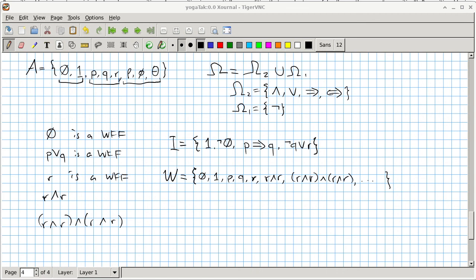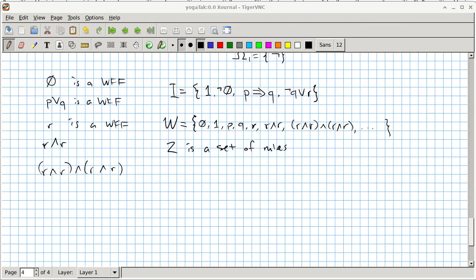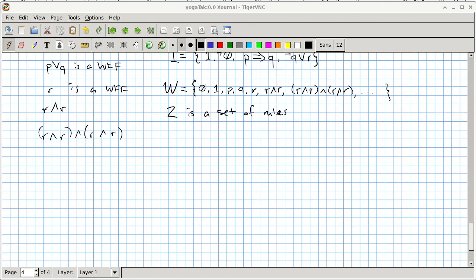Zeta is a set of rules. Each rule can also be called a production. There are different ways to refer to exactly the same thing. We'll look at one specific example. The format of a rule or production is always something like this.